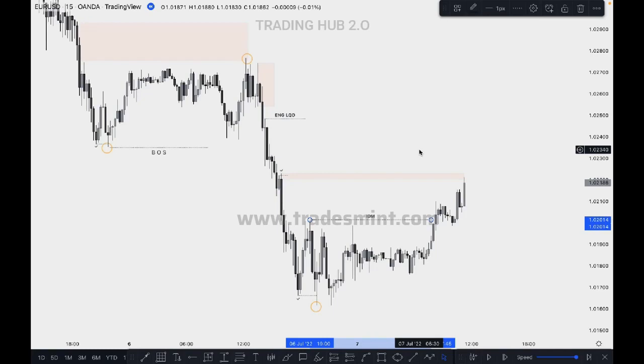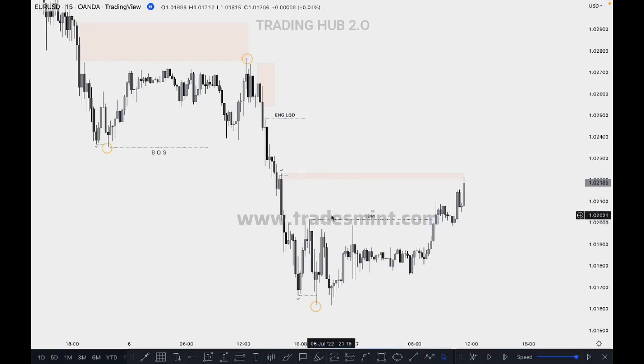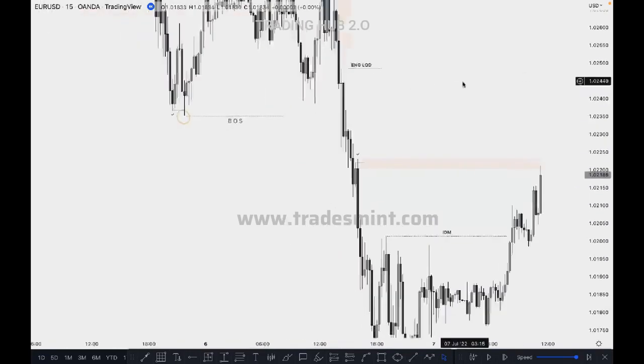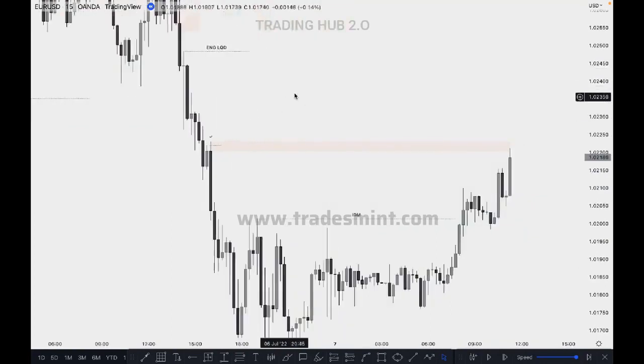After taking out this inducement, the market taps on this supply zone, which actually took out the previous candle high, which is here, you can see, and this big one acts like our supply zone, and this order block is also an order block, but this big one is our refinement, and we can take the entire zone like this.